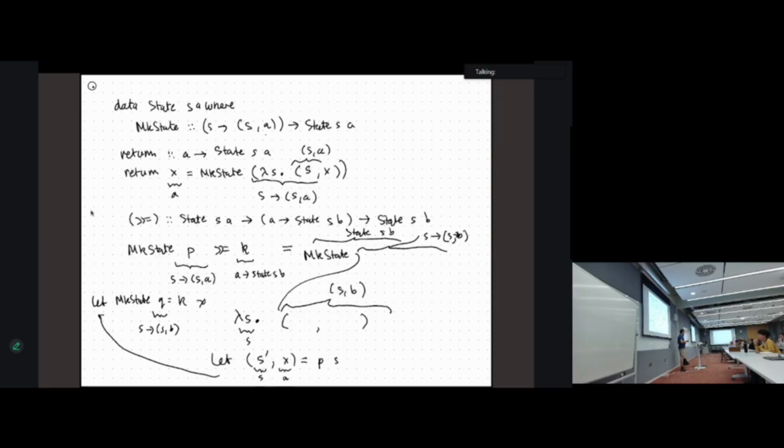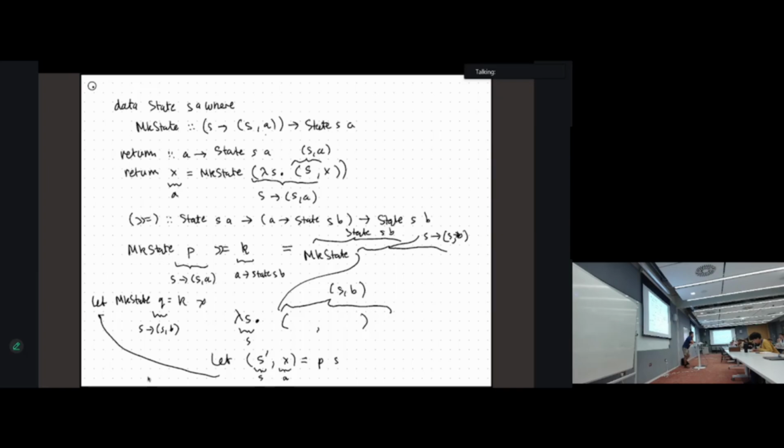I feel like I want to say Q of S prime, but I don't think that's right. Believe it or not, it's let mix state Q equal to K X, so the mix state is applying to the Q?